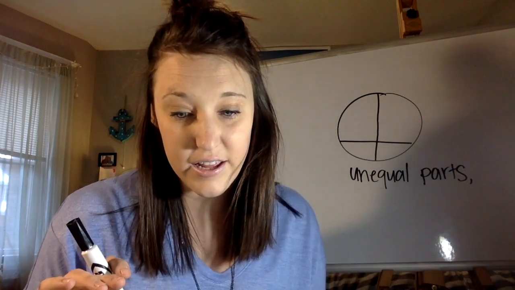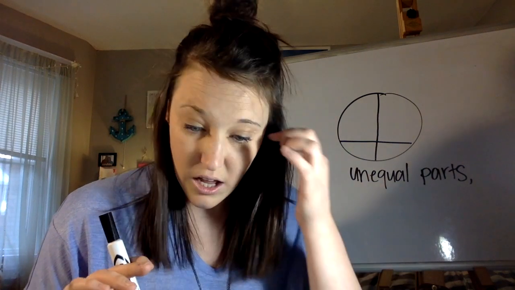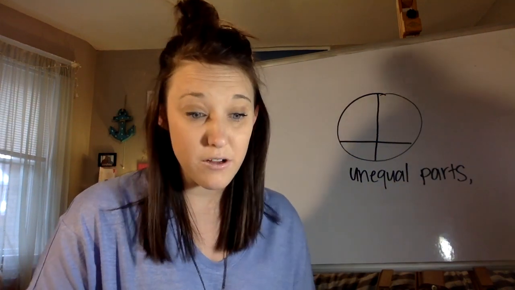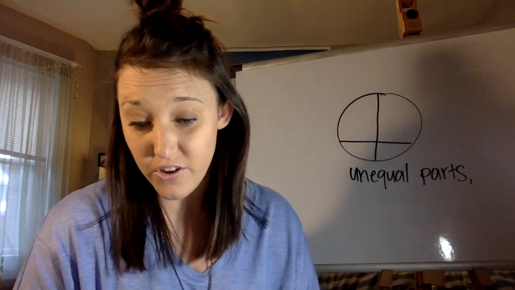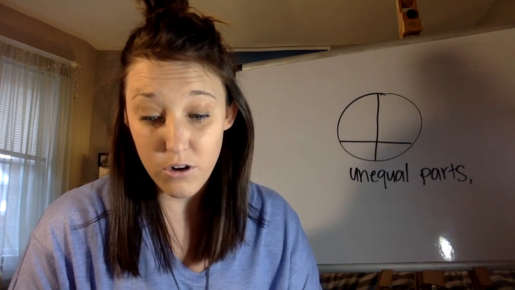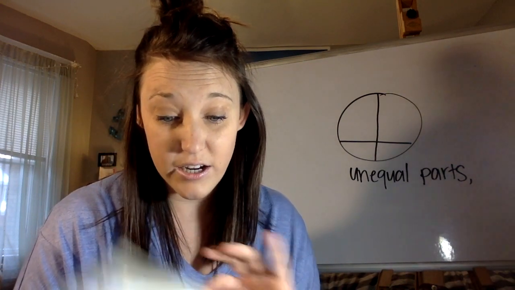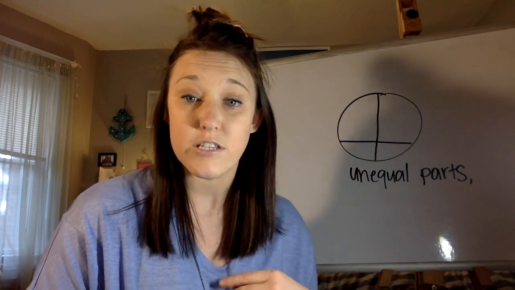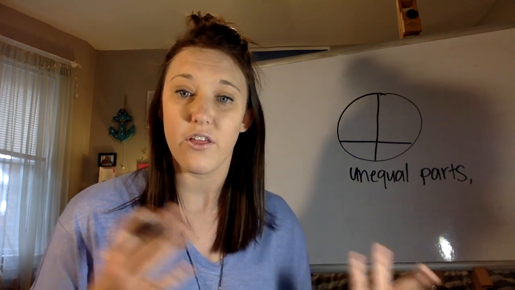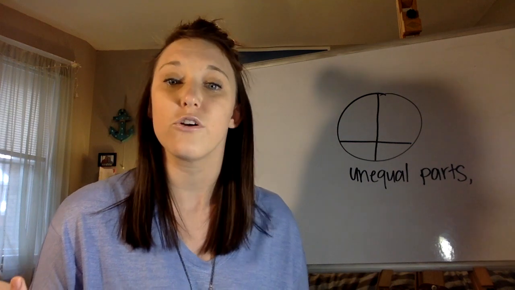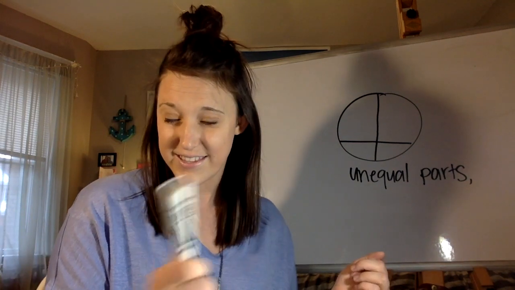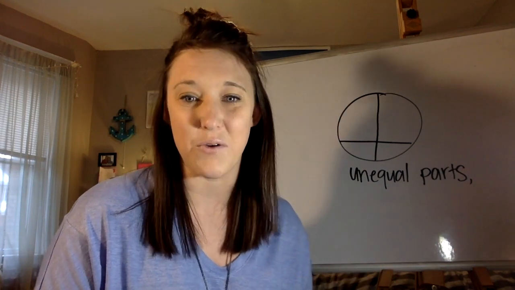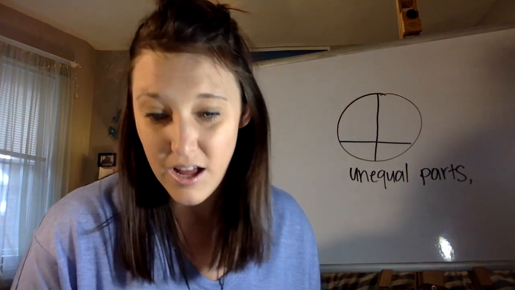All right, and that's pretty much all of it, just understanding whether they're equal or unequal, and then looking at the name. So if it's split into 2, we have halves, 3 thirds, 4 fourths, 6 sixths, and then if it's split into 8 equal parts, they're called eighths.